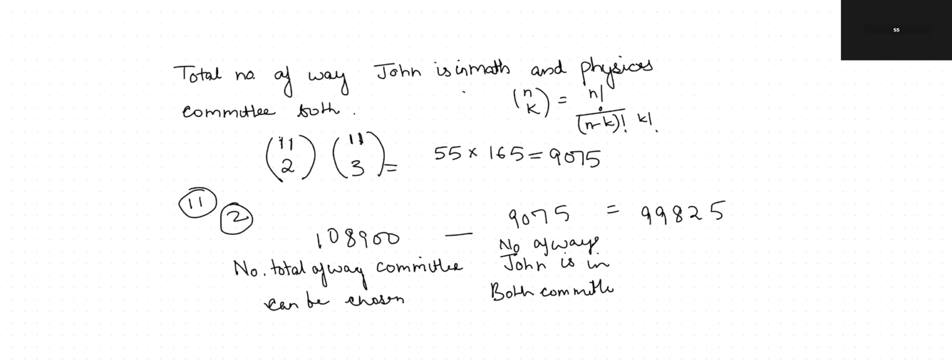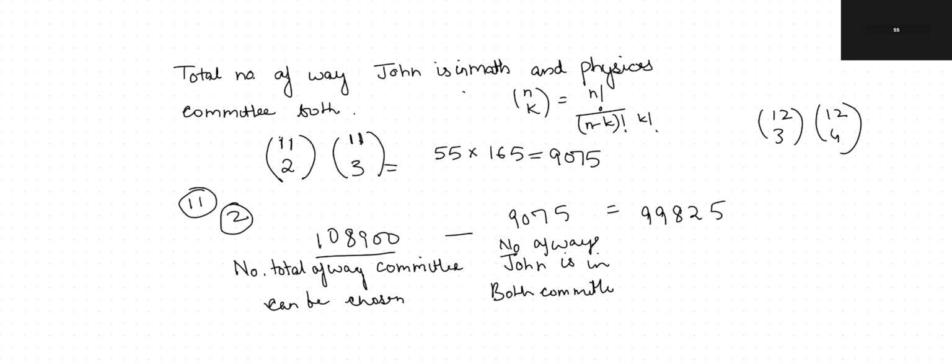So what we did first, we found the total number of ways the committee can be chosen. That was 12 choose 3 for maths and 12 choose 4 for physics, and we multiplied this and got the total number of ways where the committee can be chosen without any restriction.